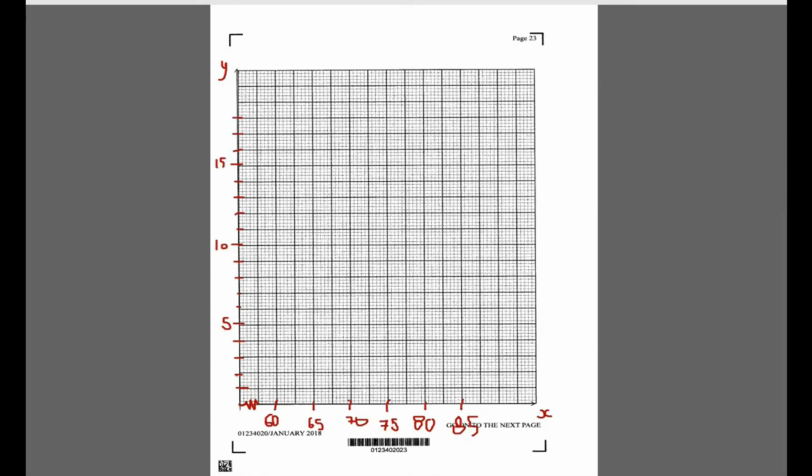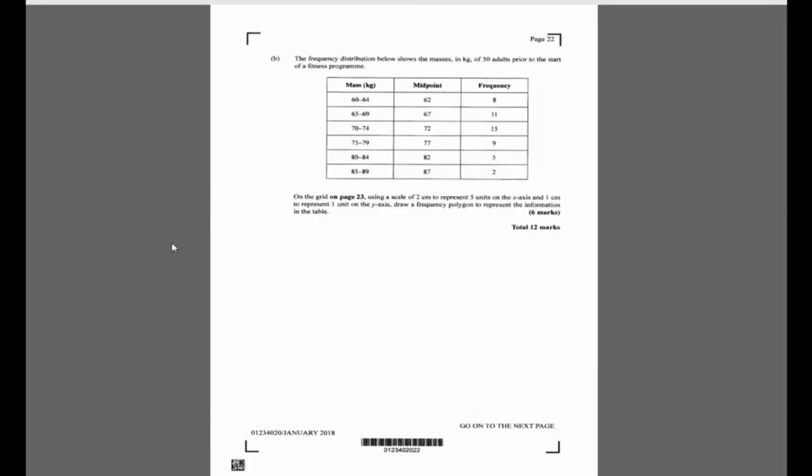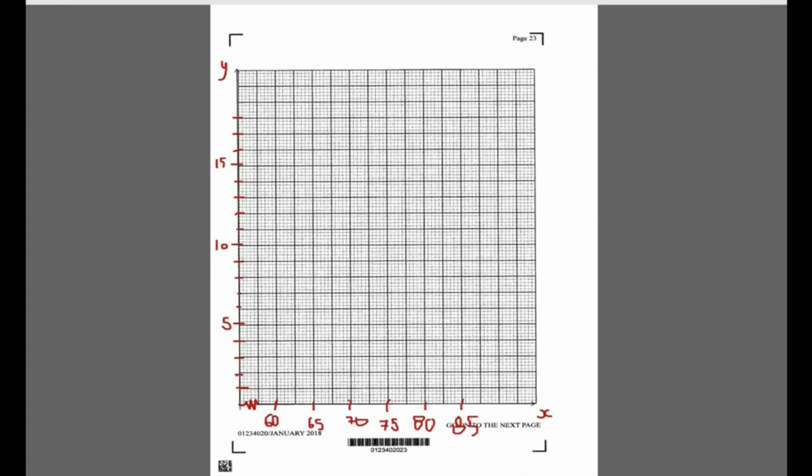The first one that we'll look at is 62, which has a frequency of 8. So we're going to plot 62 and 8. If this is 60 and this is 65, the middle is 62.5, so right here is going to be 62. 8 is right here, so I'll draw this point.